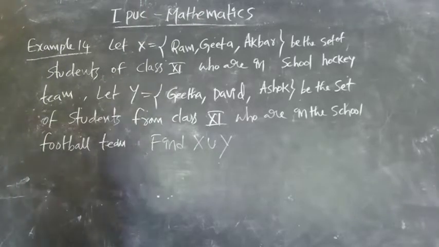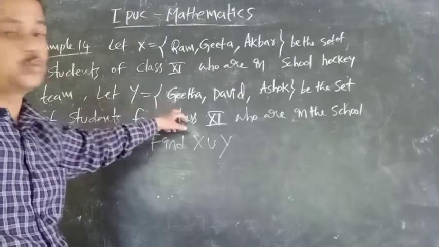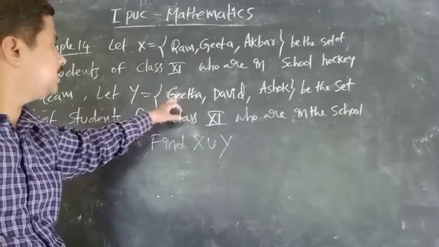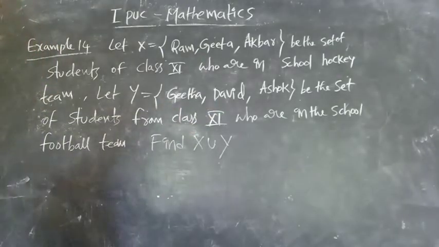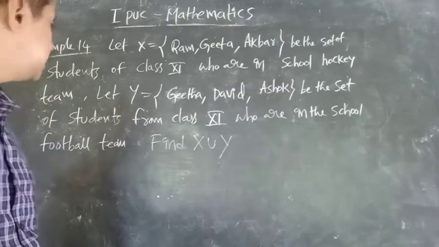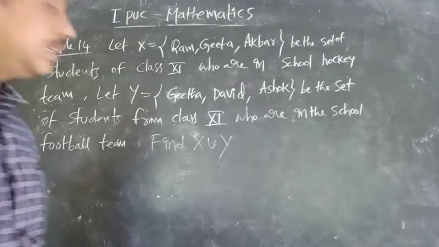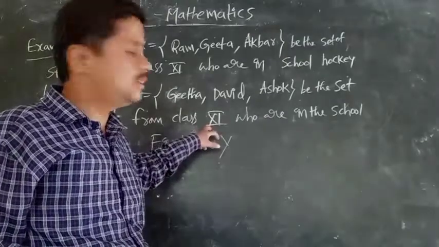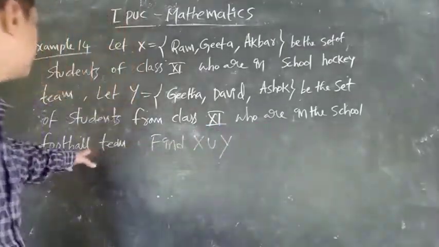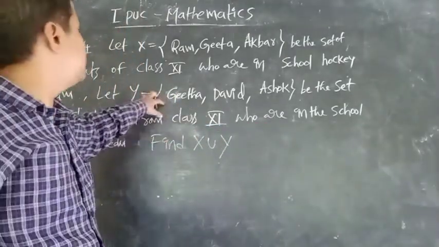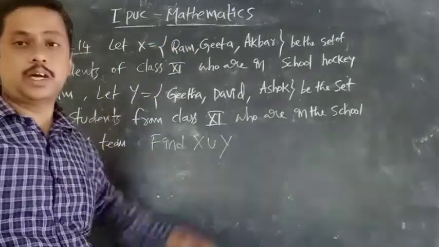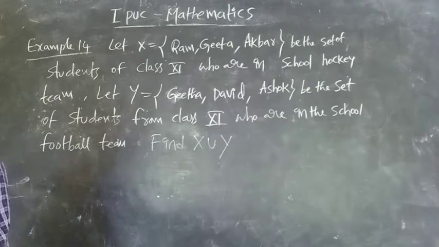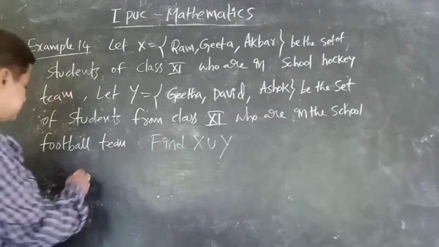Okay. Next, let Y be some other students: Geeta, David, Ashok, the set of students from the same class, first PUC 11, who are in the school football team. Y is the football team, X the hockey team. Next you have to find X union Y.